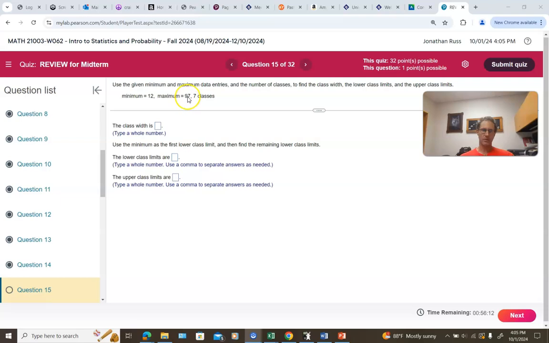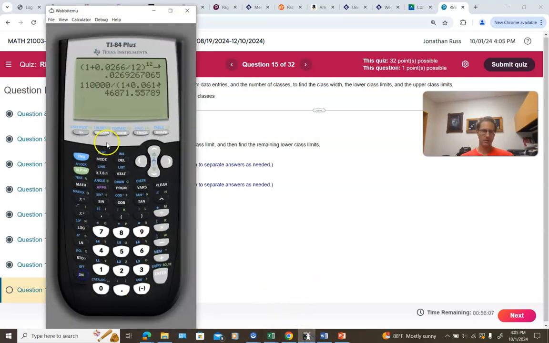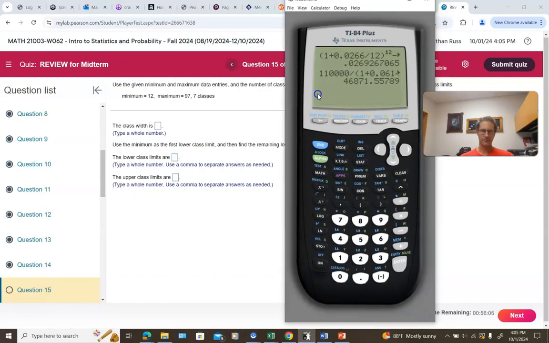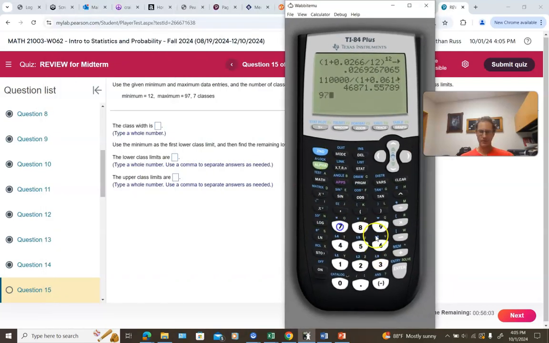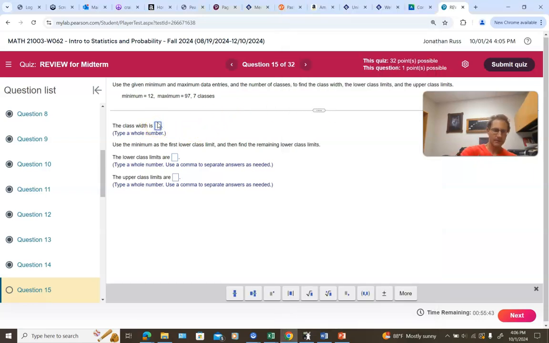So the range here is going to be 97 minus 12. There's the range. And we want 7 classes, so I'm going to divide by 7. And we get this number. And if you remember, you always round up. So the class width is going to be 13.